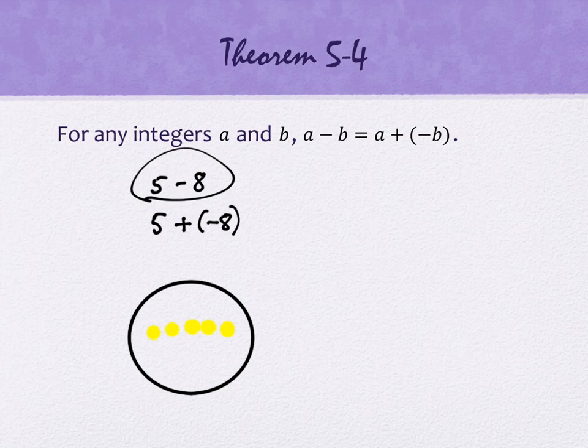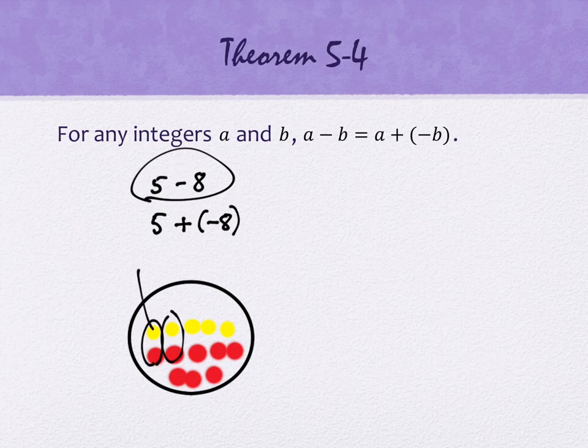And so if we change the perspective using this theorem into addition, then we would simply add in the negative chips. So we would add in 8 negative chips. And then we would do what we did last time where we would zero pair them out.